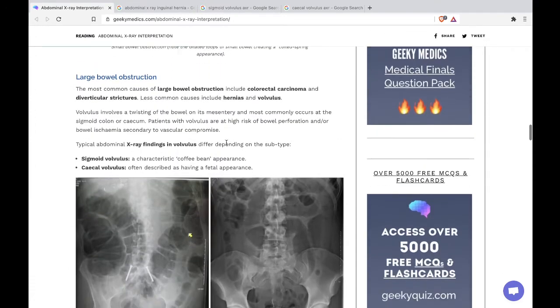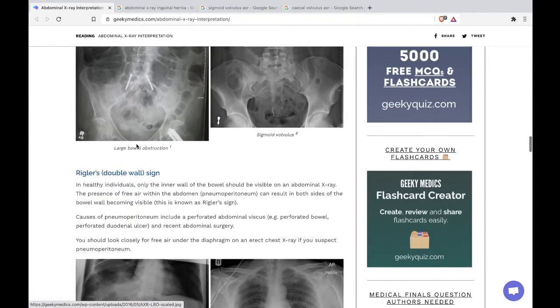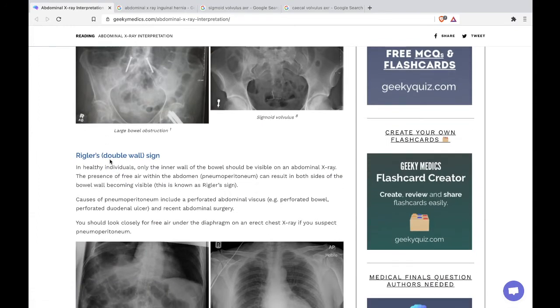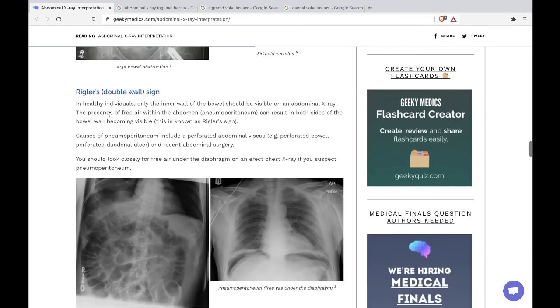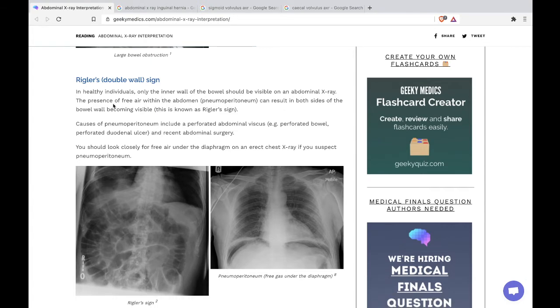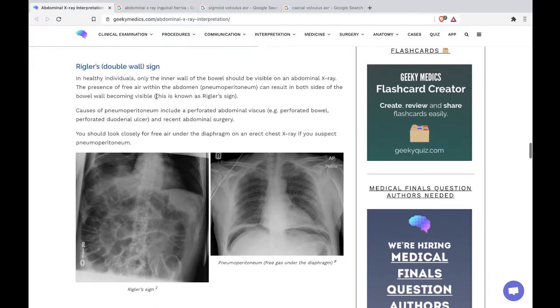After large bowel obstruction, you also have Rigler's sign, or double wall sign. In healthy individuals, only the inner wall of the bowel should be visible on an abdominal X-ray. The presence of free air within the abdomen, known as pneumoperitoneum, can result in both sides of the bowel wall becoming visible.